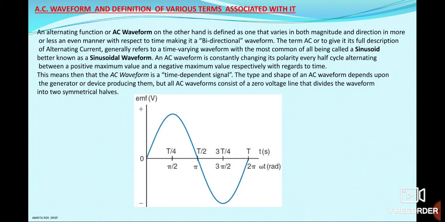The type and shape of an AC waveform depends upon the generator or device producing it, but all AC waveforms consist of a zero voltage line that divides the waveform into two symmetrical halves. We can see in the diagram a sinusoidal AC waveform which starts from the origin and ends at 2 pi, and the positive half will repeat again after 2 pi.